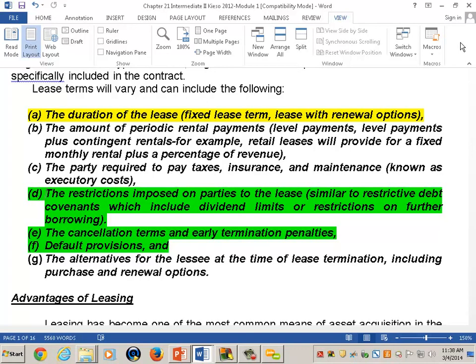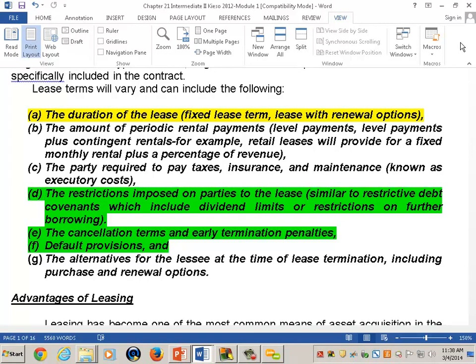And that's the whole issue that we're going to be talking about today and throughout this module, that regardless of whether you call it a lease, there are investment banks, commercial banks, rating agencies that see this as debt. A lot of these contracts have restrictions that are imposed on dividends, just like long-term debt. Penalties for cancellation, early termination penalties, and also provisions on default. What happens if you default? Is there a repossession? Same thing as if you bought the asset using a long-term loan.